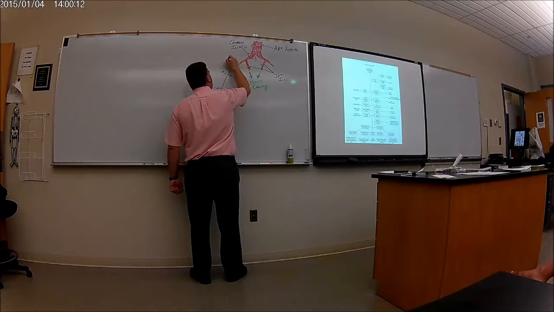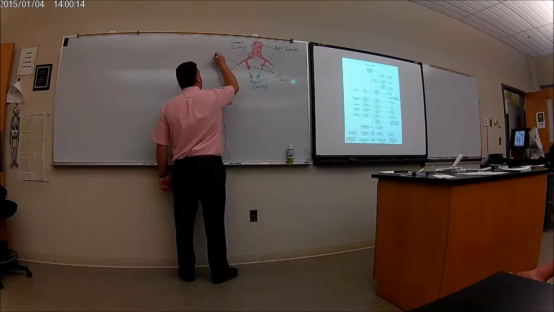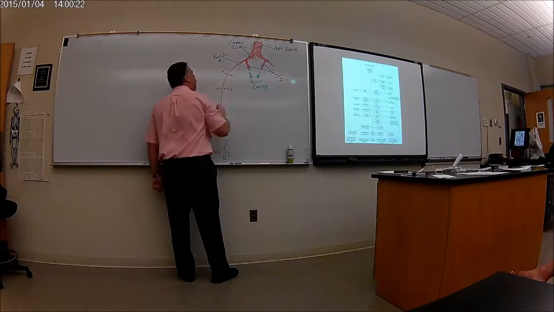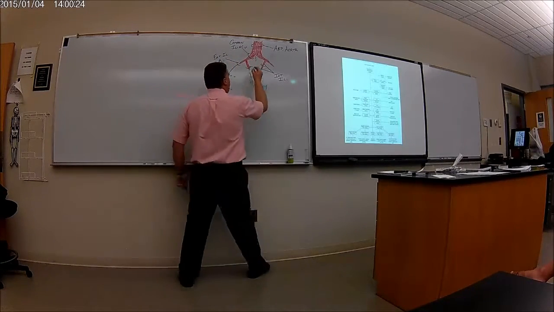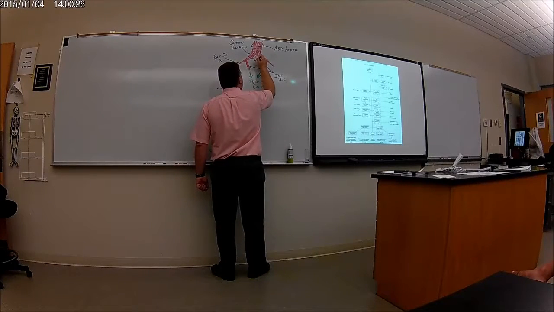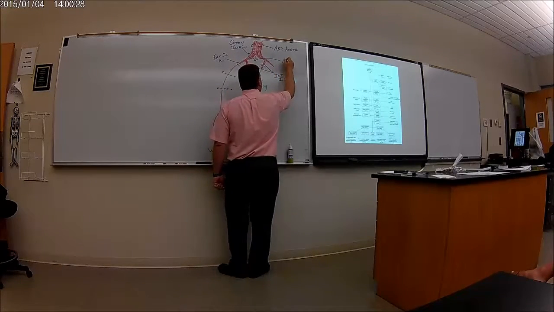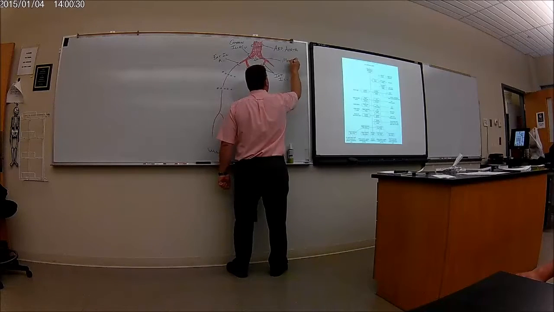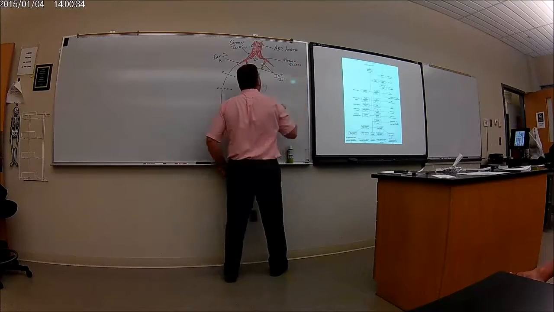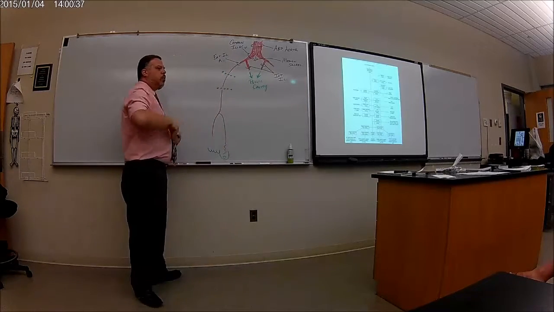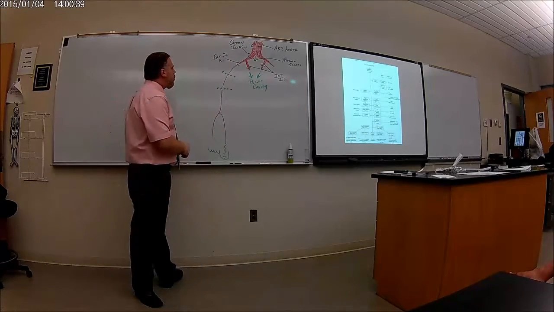What is this one? External iliac artery. Okay? This over here, the squiggly thing, I put it here just really fast, but that's the median sacral. That gives blood supply to the sacral area.